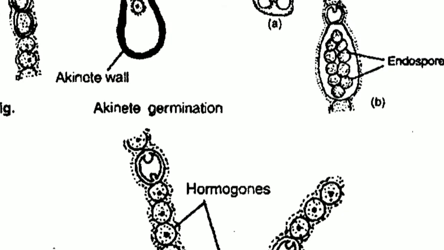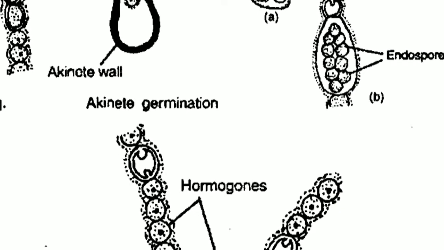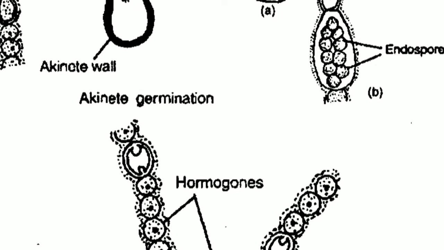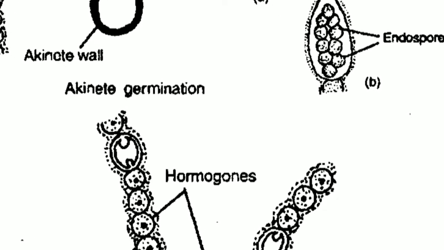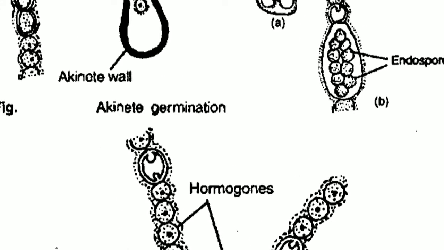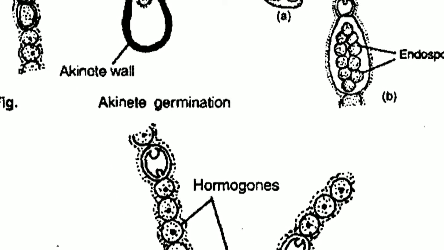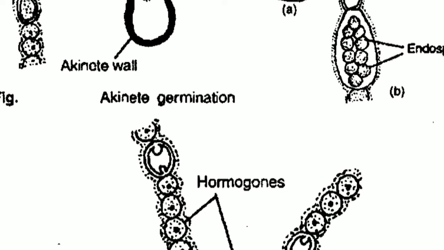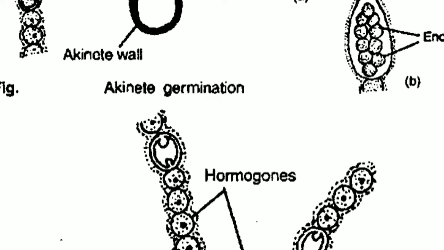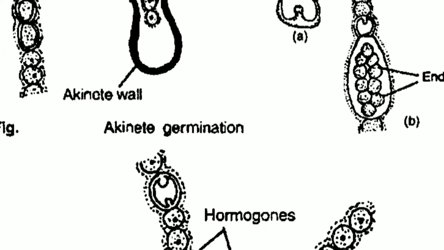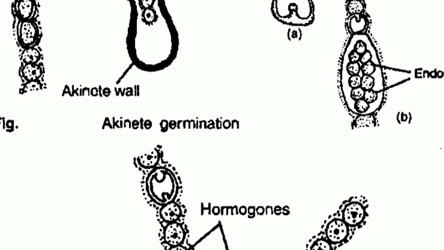Physical changes in extruded mucilage also help in movement, or it may be by undulating surface of trichome. It may be due to rhythmic contraction waves in helical fibrils on cell surface. So these are the reasons behind oscillatory movement performed by Oscillatoria.